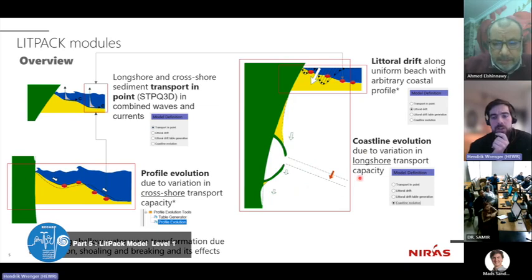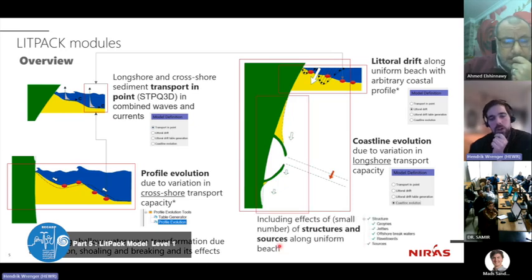And additionally, in the coastline evolution, it says along, variations in longshore transport from these profiles, and we again assume a uniform beach. So the moment we have something like this, a harbor here, for example, we don't have a uniform beach anymore, right? We violate that model assumption.